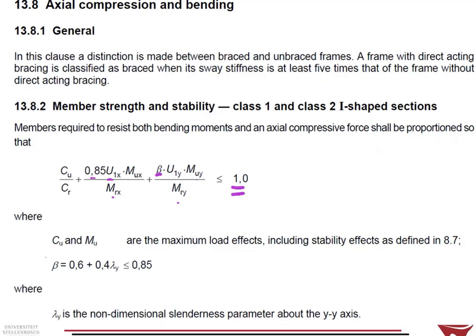So firstly, one of the ingredients is this beta value. And beta is for biaxial bending. So when you have MUY, when you've got a bending moment about the y-axis, you need to include this. And this is for accounting for the slenderness of the section.